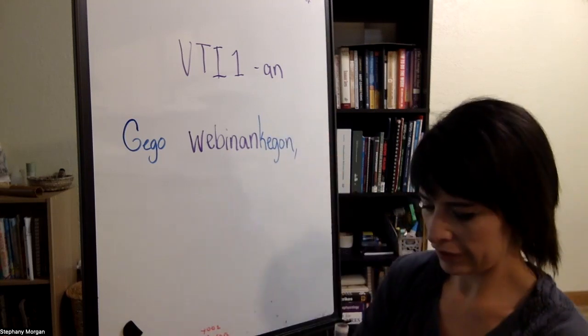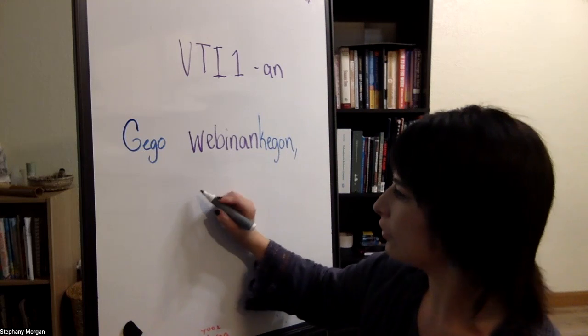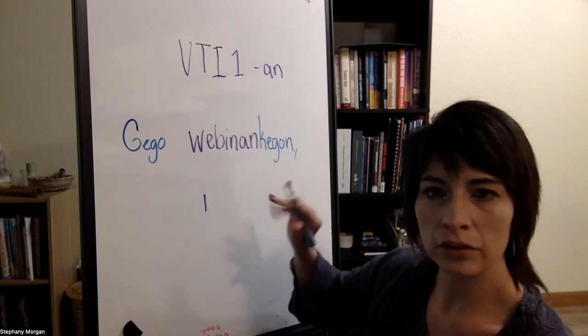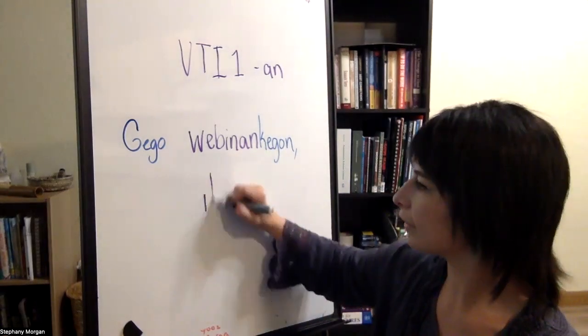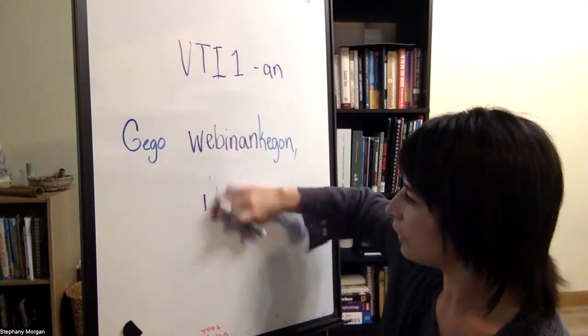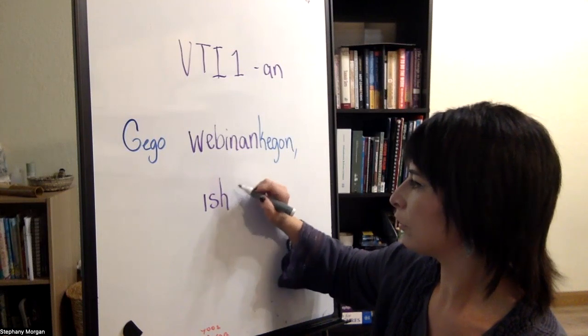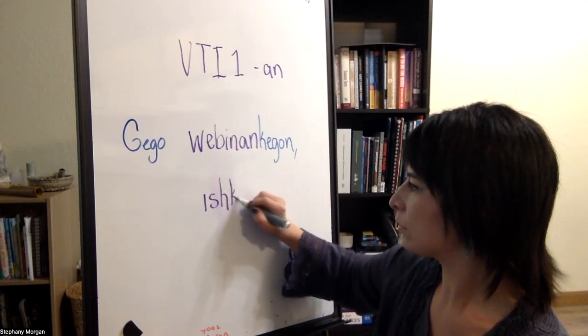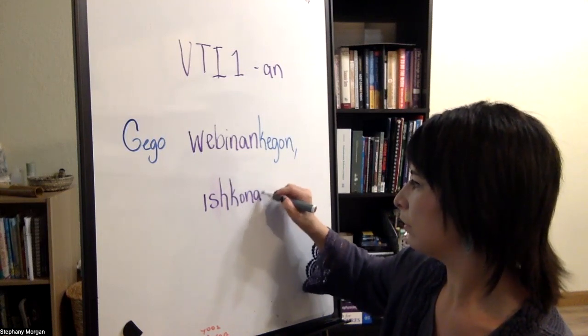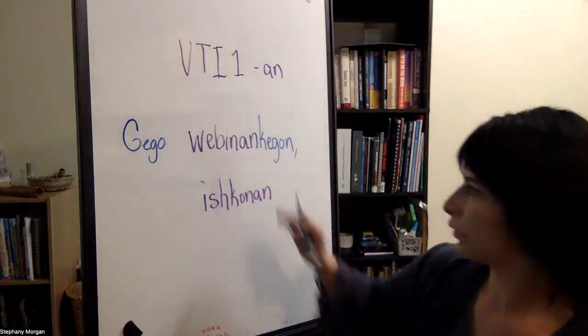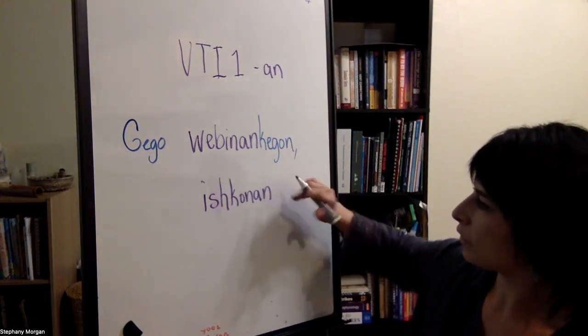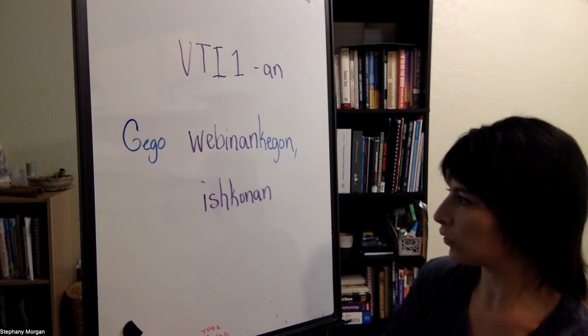and the word for save it is ishkonan. Kind of like that ikonan, set it aside, but this is like to retain it. Ishkonan, to save it, to set it aside for safekeeping, or to reserve it. But we're talking to more than one person, so it becomes ishkonamok.